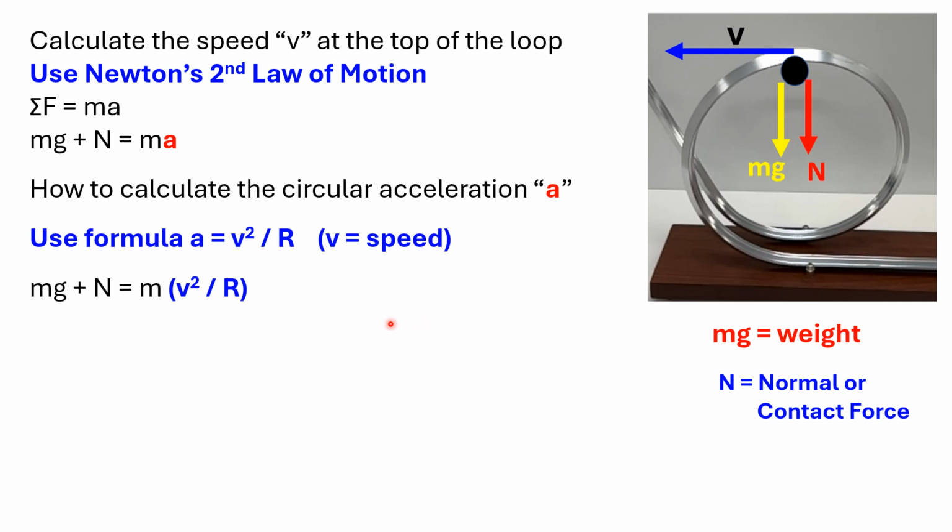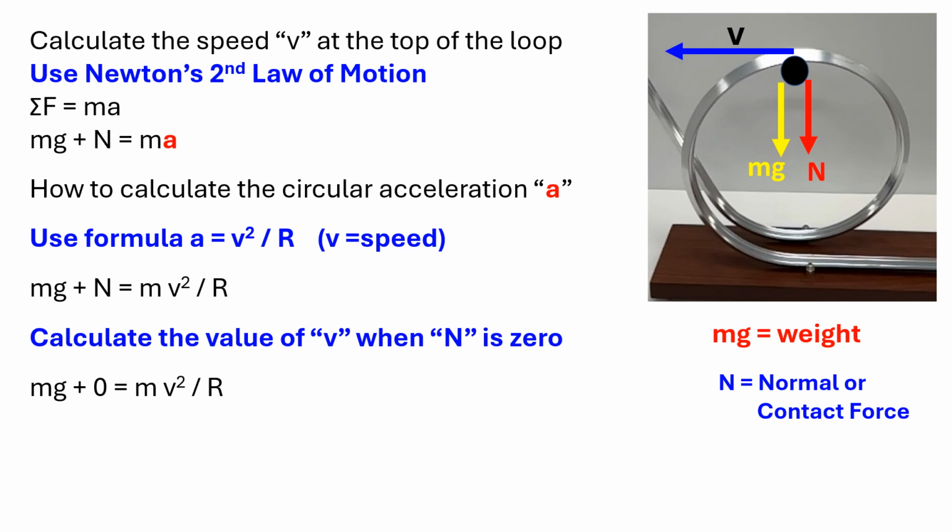Now we need to think about the normal force. The normal force right here at the top of this loop is 0. At this point, the centripetal force required to keep the sphere in circular motion is provided entirely by the gravitational force or the weight.